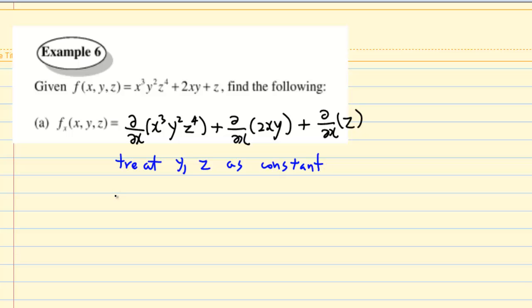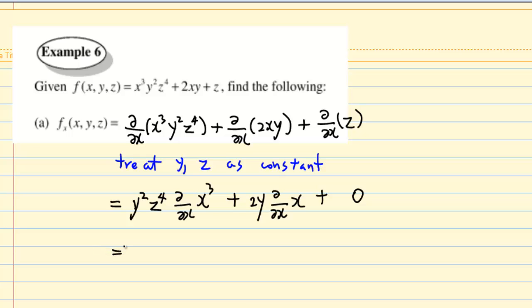So they are fixed. When I do the first partial differentiation, y squared is a constant, z to the power 4 is a constant, so they are constant factors. So you only differentiate x cubed with respect to x. For the second term, 2y is a constant factor, so differentiate x with respect to x. And the last term is 0 now, since z is treated as constant.